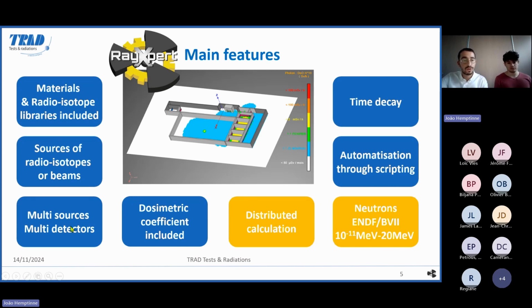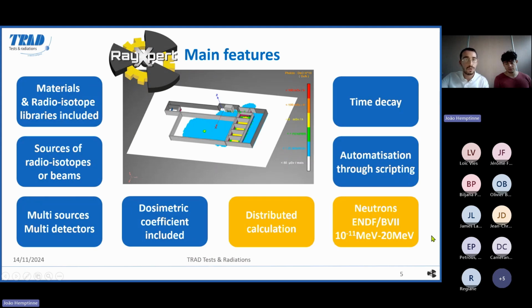You can work with several sources and not only a single one, and you also work with multiple detectors. You have dosimetry coefficients included, and time decay. You can automate some actions with a scripting console. You have distributed calculation, which is really important today. And finally, you have neutrons based on these two libraries with this range of energy.